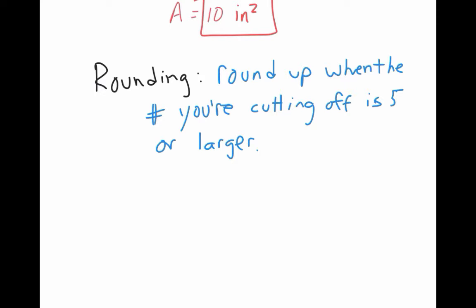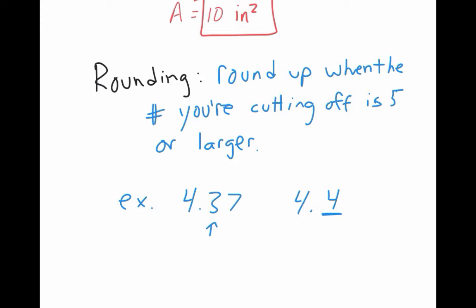So in other words, if I had something like, let's say 4.37, if I wanted to round it to right there and just say this is going to be 4 point something, is it a 4.3 or 4.4? 4.4, because if I'm cutting off this number here, that's bigger than a 5, so it's 5 or bigger, so we have to take the 3 and round it up, so it'd be a 4.4.